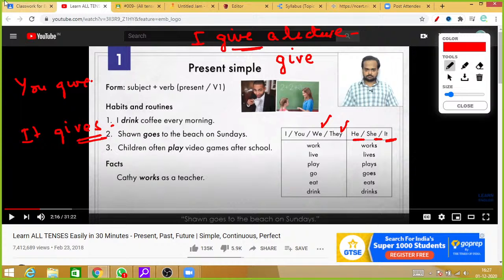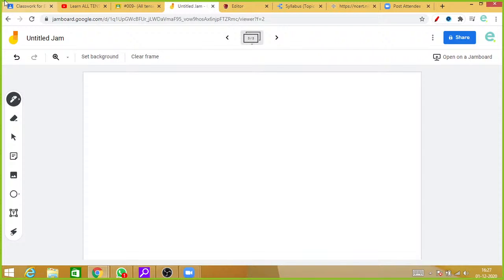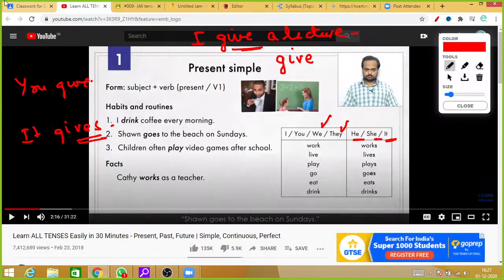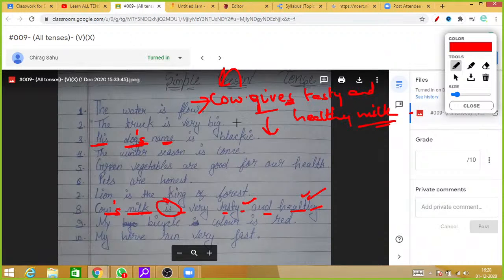So in this sentence, where is it? Oops, where did it go? Your exercise. Yeah. So cow gives tasty milk because cow is an it. So instead of give, we'll have to attach an S with it. Understood? These are very small tips.